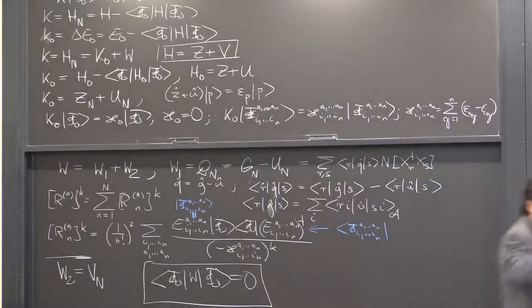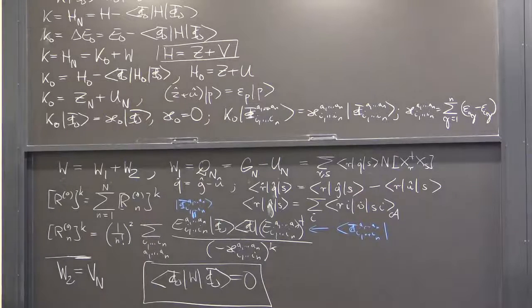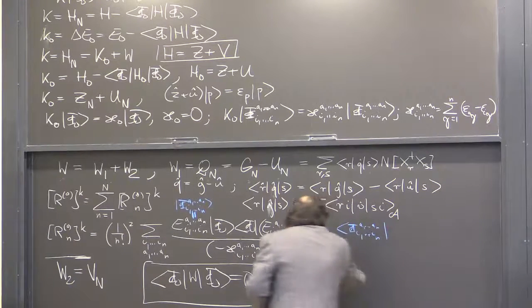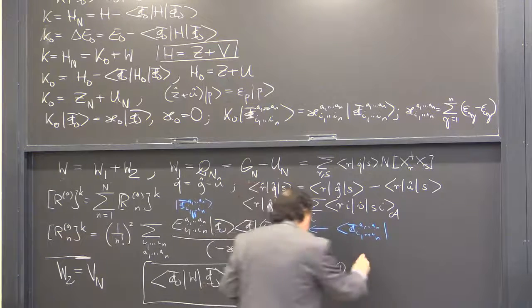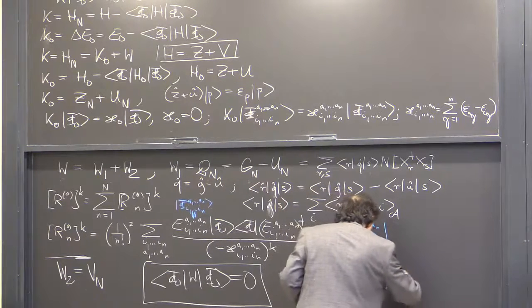Okay. So anyway, what are the consequences of the observation that the expectation value of the W is 0? Well, there are two of them. First of all, when you start writing the perturbative expansions, we know that the first order correction to the energy is an expectation value of W in phi 0.